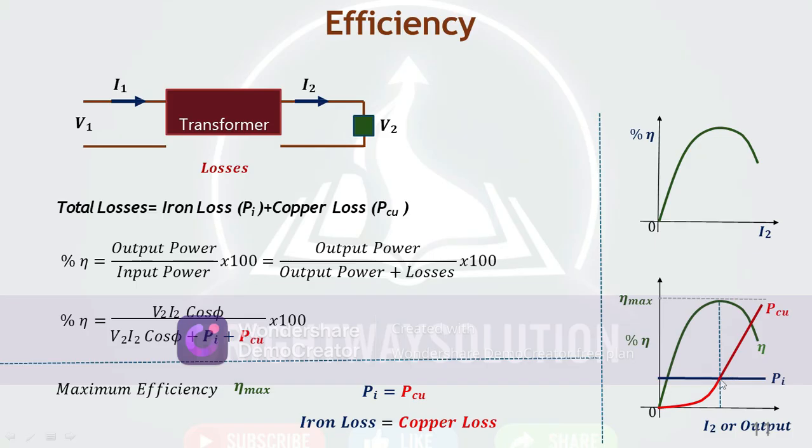At the point where this variable copper loss intersects the constant loss, we consider that the point of maximum efficiency. So maximum efficiency occurs when iron loss is equal to copper loss, Pi is equal to PCU. This term is very important.